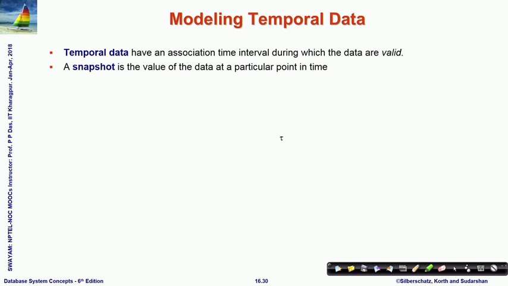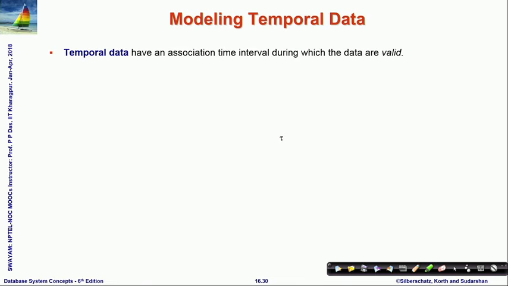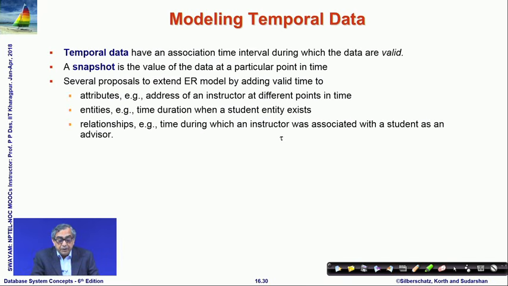Temporal data of such kind has an association with an interval. So, a snapshot often does not solve the problem. You have to decide how you do that, whether you would like to put some attributes which specify the timestamp, or you would like to really have multi-valued attributes denoting the different time frames where they may have taken effect.